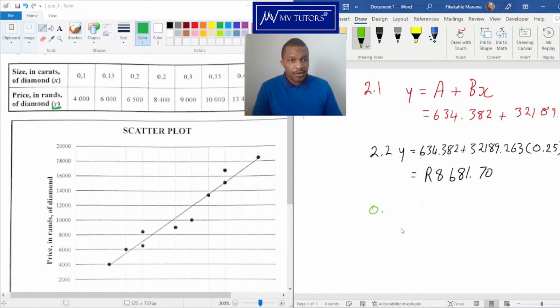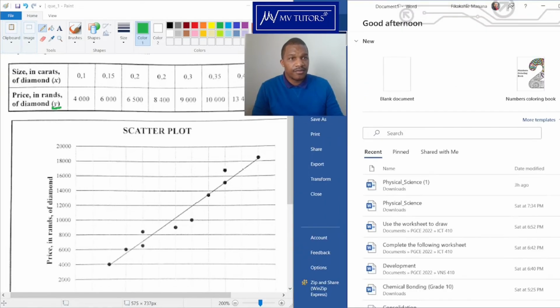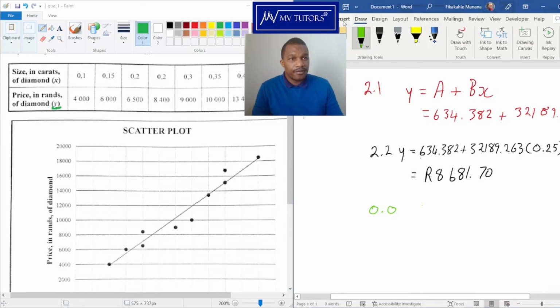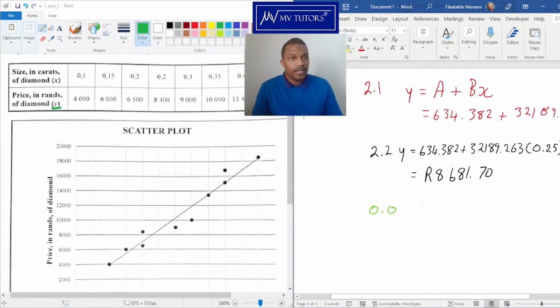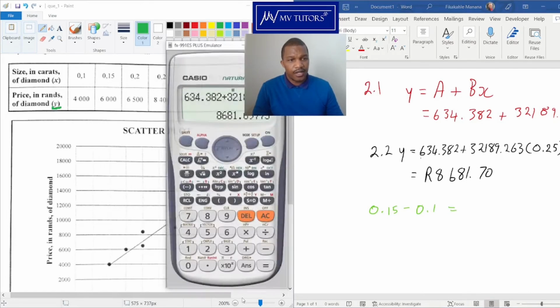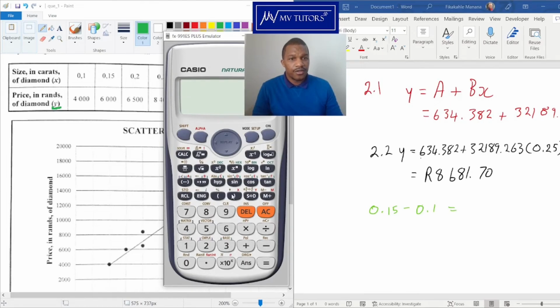if we say 0.15 minus 0.1, that's going to give me, let's put that in a calculator just so that you know it.